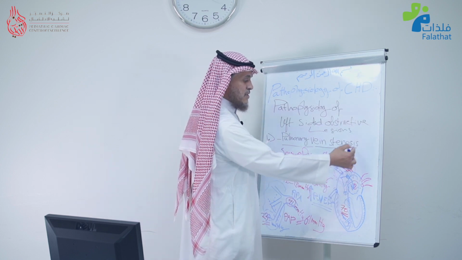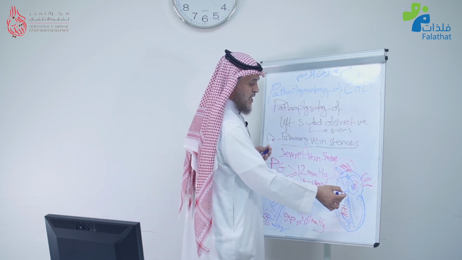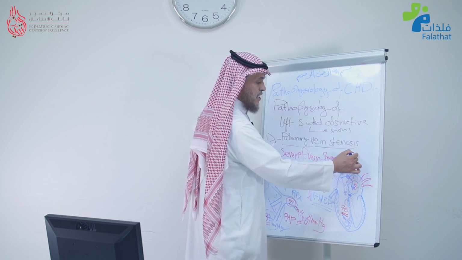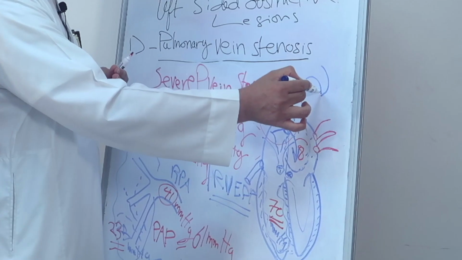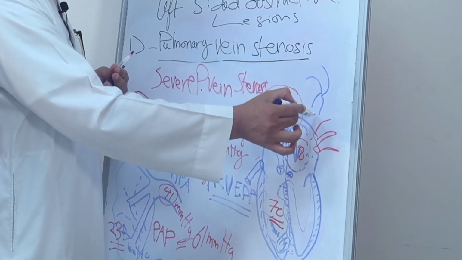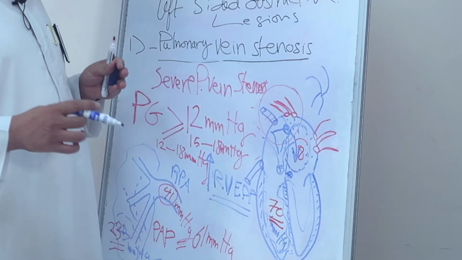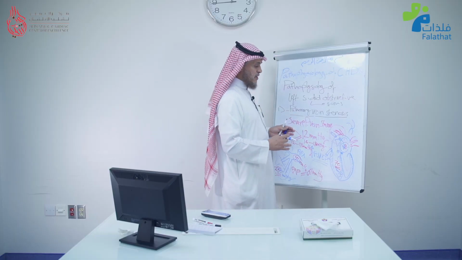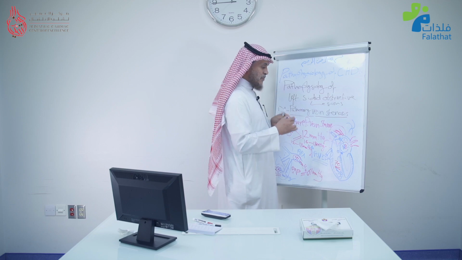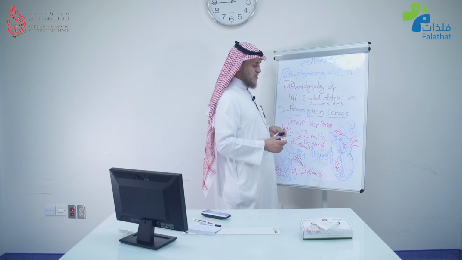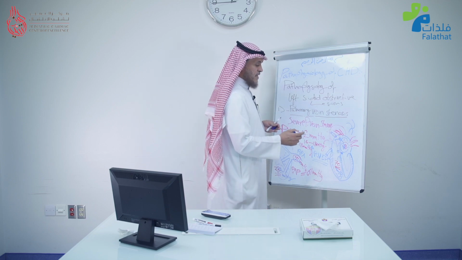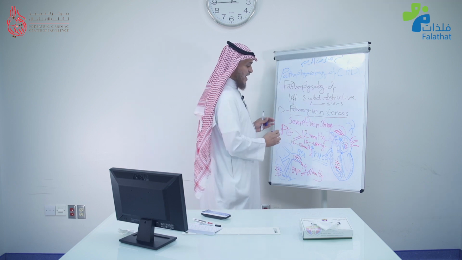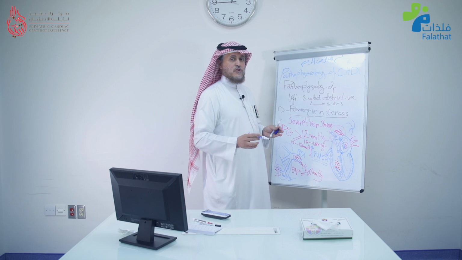Other left-sided obstructive lesions like aortic stenosis and coarctation of the aorta may also happen with these lesions, not necessarily because of the decreased flow theory, but in part because of this theory. So in such a patient with severe pulmonary vein stenosis, we have major pathophysiological effects.